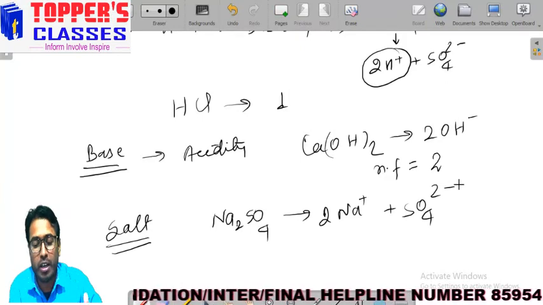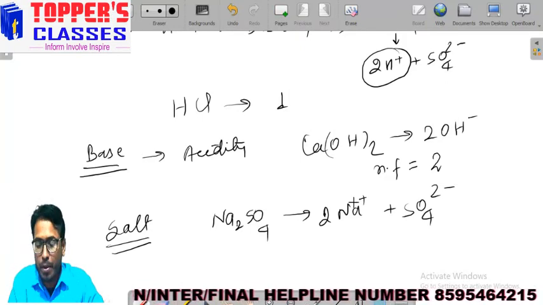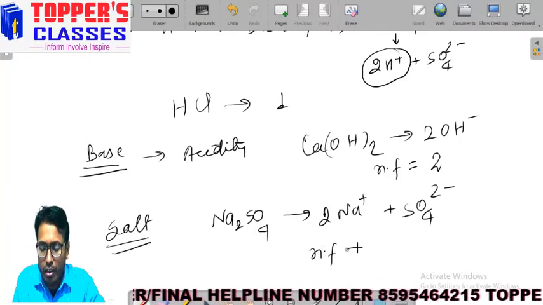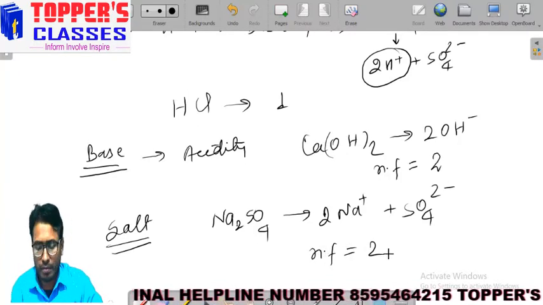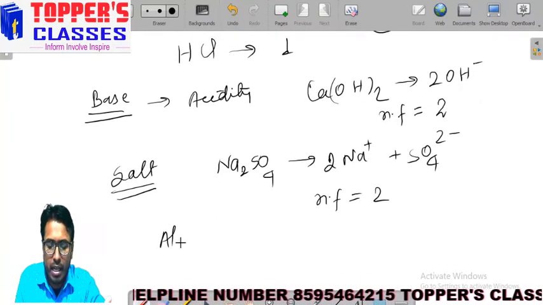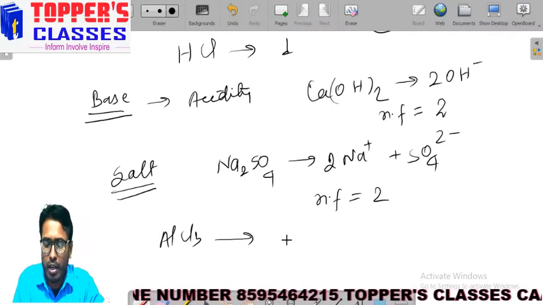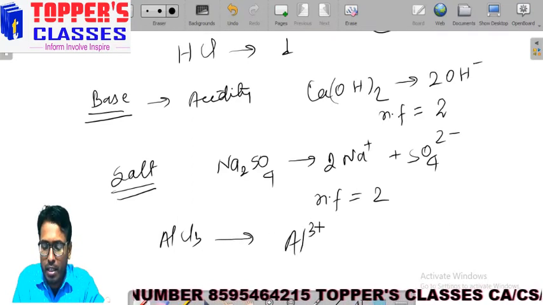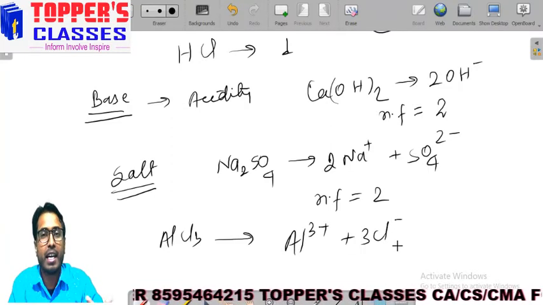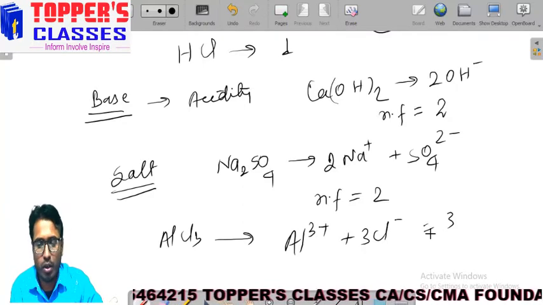We do not count both cation and anion, we only look at the positive or negative charge. So in this case the n factor will be 2. Right? Hope you are getting it. If we talk about aluminum chloride, AlCl3, what will be the n factor? It dissociates into Al3+ and 3Cl-. How many ions are produced, either cation or anion? It is 3. So the n factor will be 3 for this. Hope you are getting it.